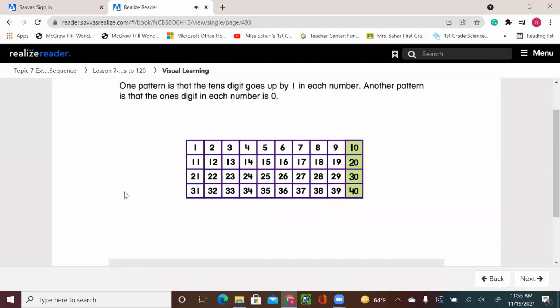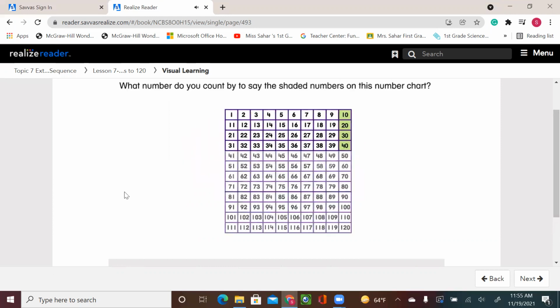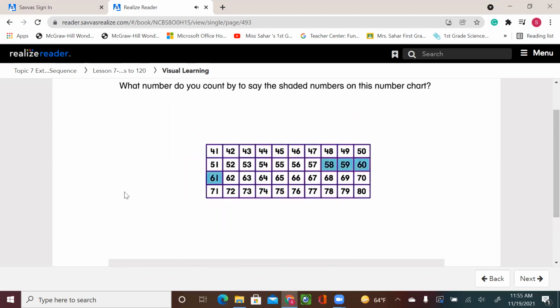One pattern is that the tens digit goes up by 1 in each number. Another pattern is that the ones digit in each number is 0. What number do you count by to say the shaded numbers on this number chart? You count by ones. This number chart shows counting by ones from 58 to 61, 58, 59, 60, 61.